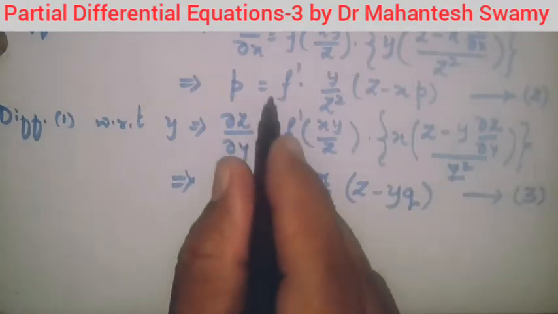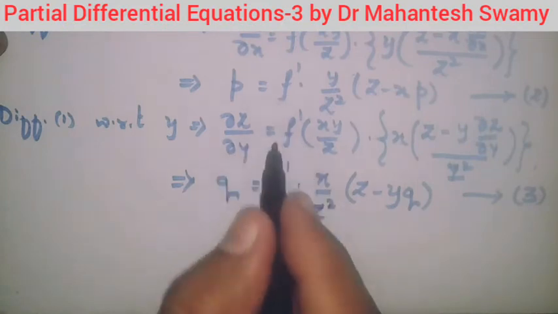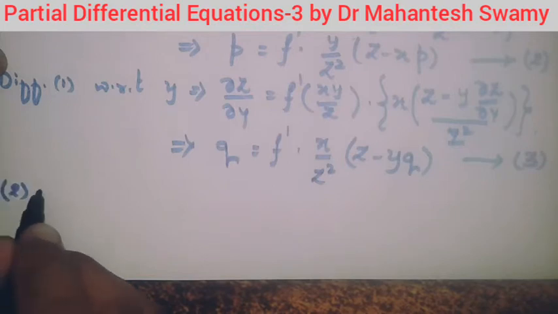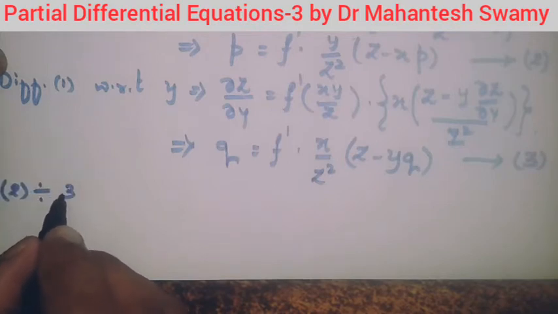Now our duty is to eliminate f dash between equations 2 and 3. Very simple. Just like the previous example, we have to divide equation 2 by equation 3.